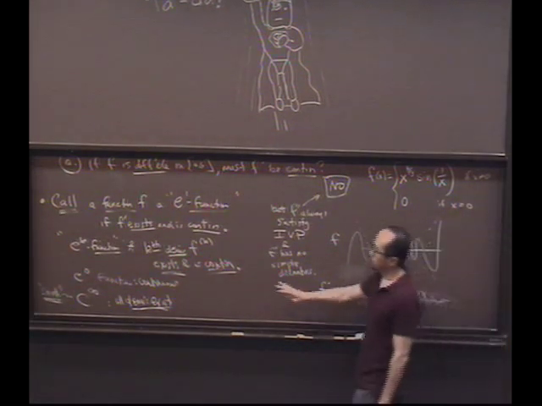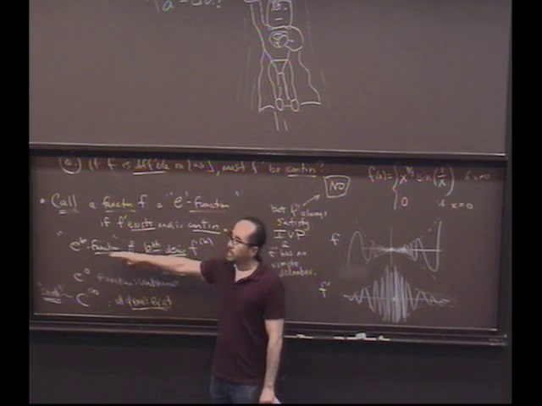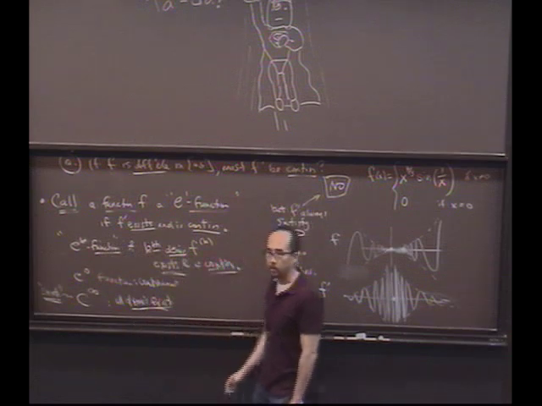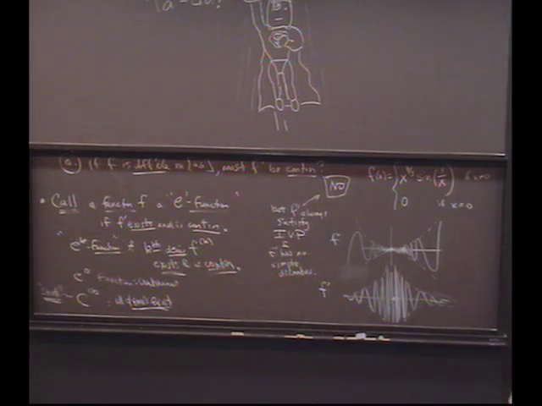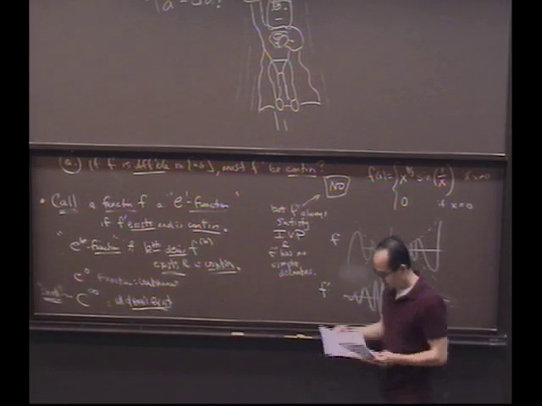The way we've made this definition, C3 functions are also C2 and C1 and C0. That's true, but C0 refers to continuous functions. Excellent question. Great.